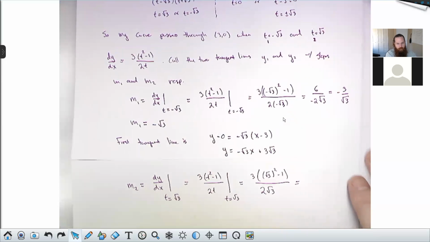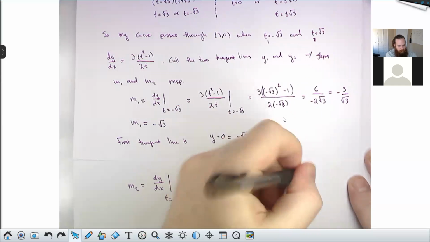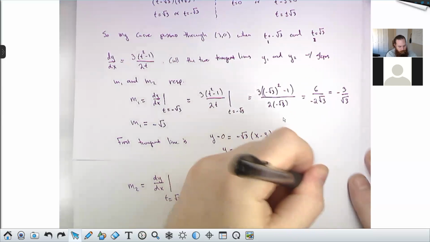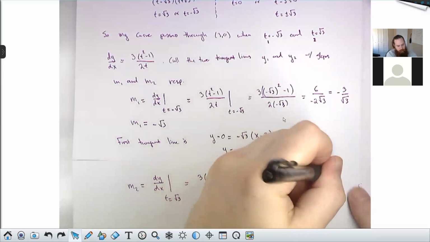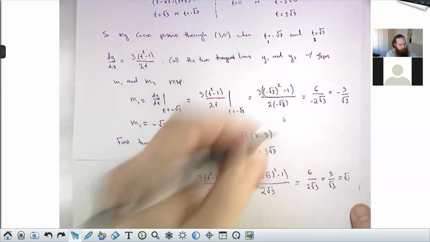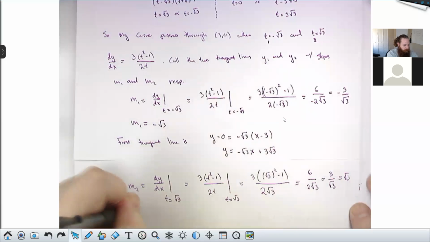Root 3 squared is still 3, 3 minus 1 is still 2, 3 times 2 is still 6. And downstairs, 2 times root 3 is just 2 times root 3. So this is positive 3 over root 3, which is just positive root 3. So m2 is just root 3.